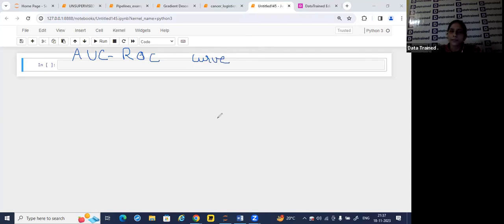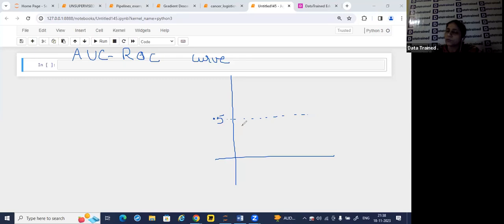Okay, AUC ROC curves. See, what happens basically now? Generally, whenever we have any data related to binary classification, the partition between the two categories takes place with the help of a threshold value, that is 0.5.